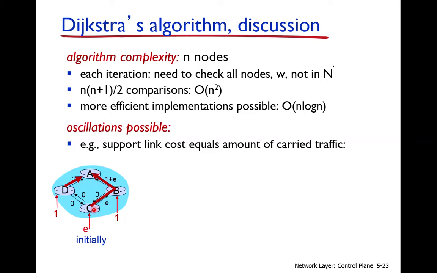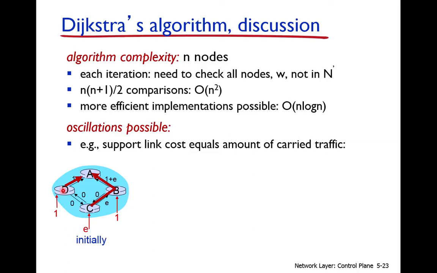So you can see that the data on this link is e bytes, and on this link, this e byte and this 1 byte combine. So on this link the load is 1 plus e bytes, and on this link the load is 1 byte.